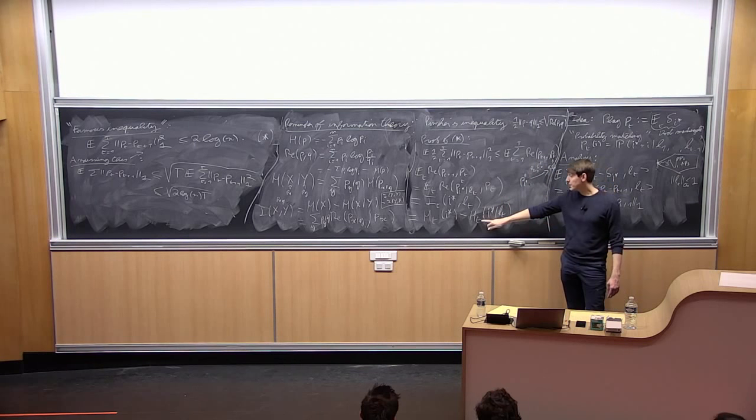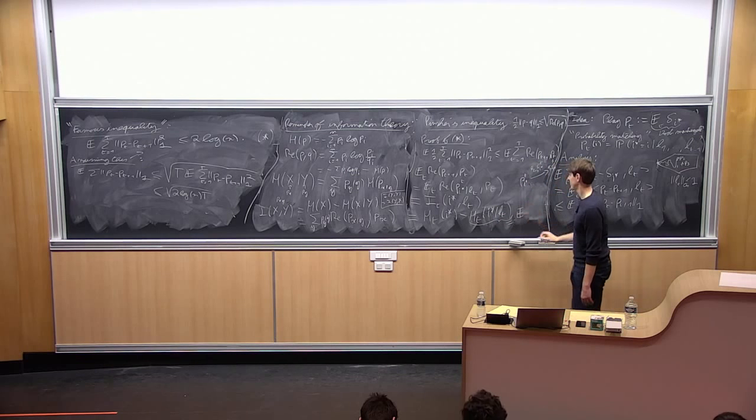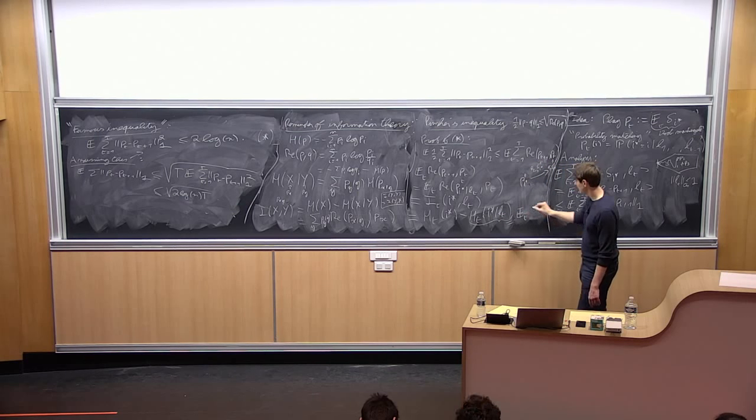But what is the entropy at time t of I star given Lt? This is nothing but the expectation sub t of the entropy at time t plus 1 of I star.